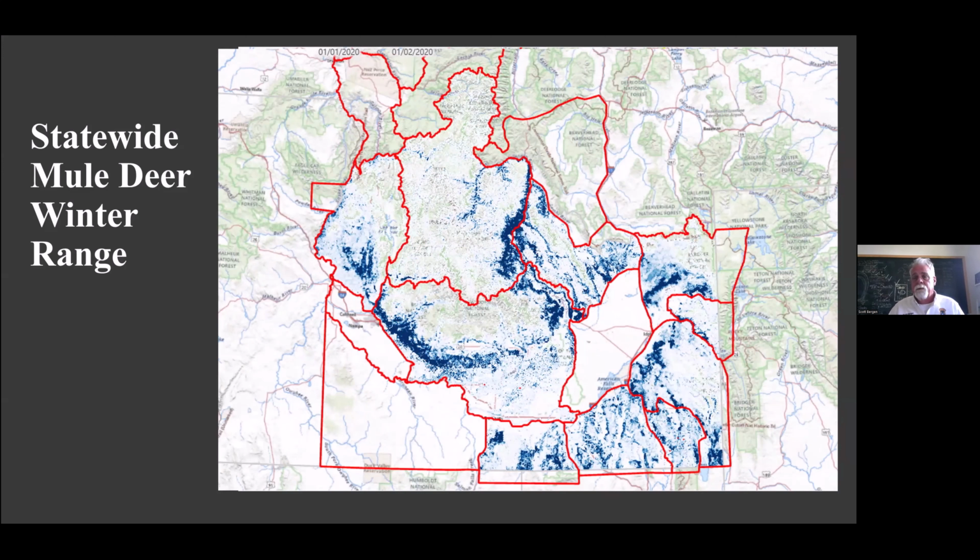This is a map of our mule deer winter ranges. It gives us a firm, scientifically backed way to define what we're calling winter range across the state. And it also allows a little bit of extrapolation to areas where we don't necessarily have mule deer location data, but as you will see, like in this southeast corner, some of these areas we have to get into.